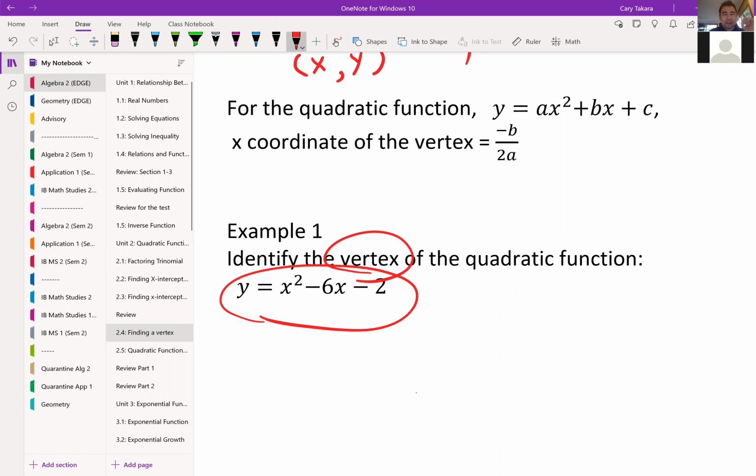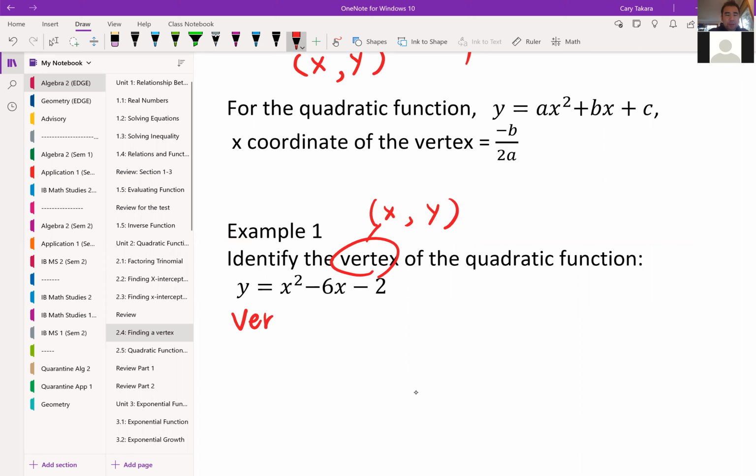That would give you an overall direction of what you want to do, okay? And we want to find the vertex, and that means your answer is going to be made up of x and y coordinate, okay? So, vertex, x coordinate.